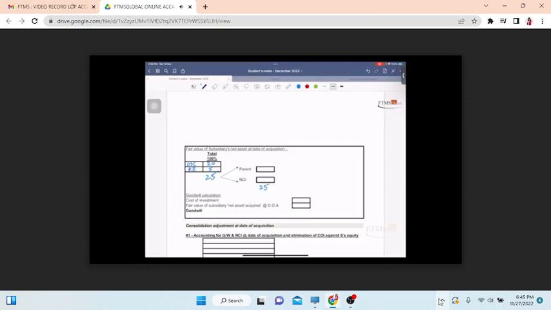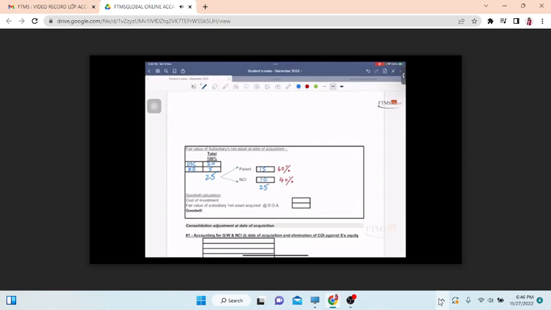So 60% times 25 is 15. And the other one is 25 times 40%, that is your NCI. The COI is given by the question.